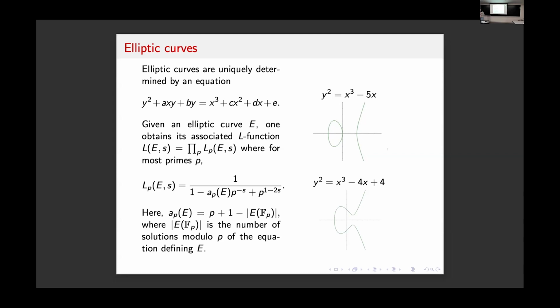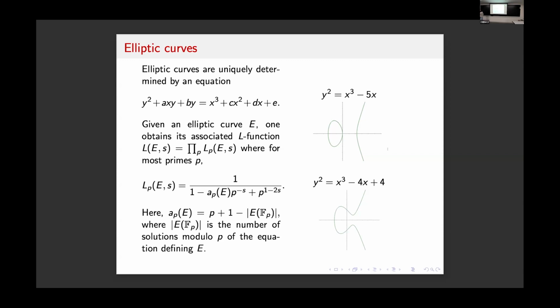The L-function itself is a product over primes, and then basically, except for a handful of primes, these local factors, which are the Euler factors, are what we're going to learn. So these local factors are given by this nice expression, and the a_p(E)'s, these are the quantities that we'll try to learn in the experiments that I'll report on.